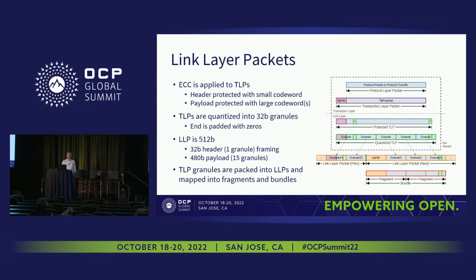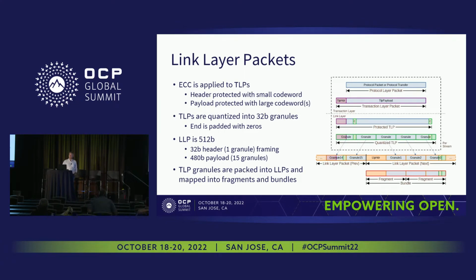Once a TLP has been quantized, the TX link layer selects from the TLPs that have credits available and packs the TLP granules into 512-bit LLPs. An LLP consists of a 32-bit header and up to 480 bits, or 15 granules, of payload. The LLP header is also protected by its own code word, and it provides framing information identifying the location of the TLP headers in the LLP.